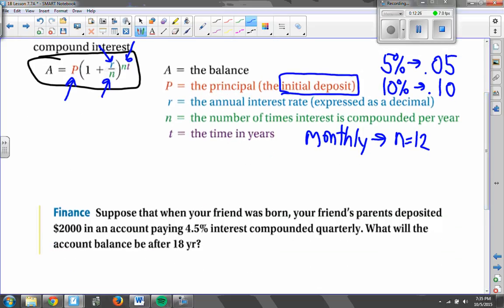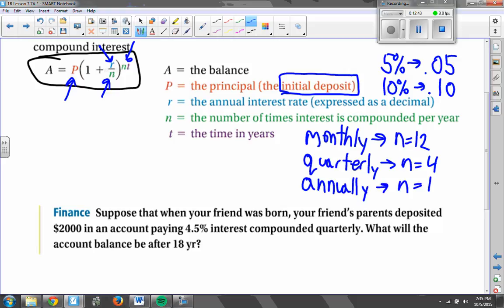We could also see quarterly, which means 4 times per year, n equals 4. We could also see annually. That would mean n just equals 1. That one should be the easiest, or least complicated, right?